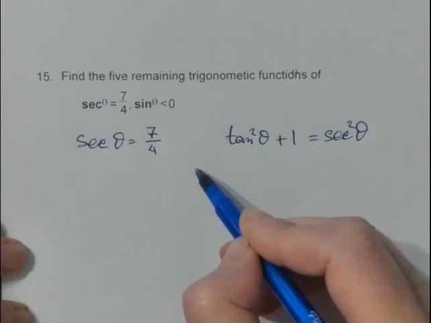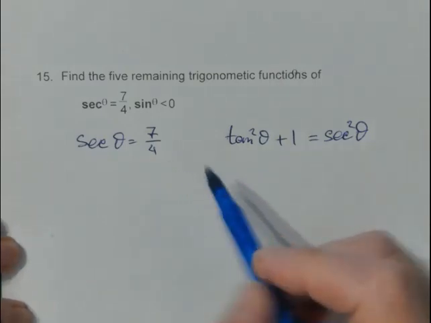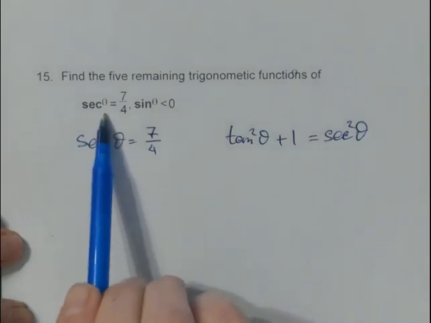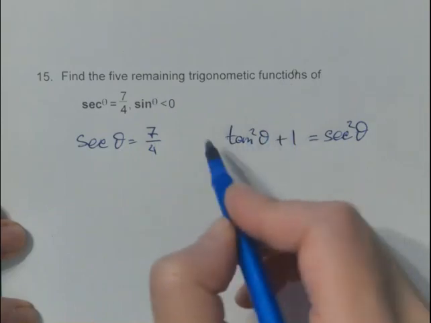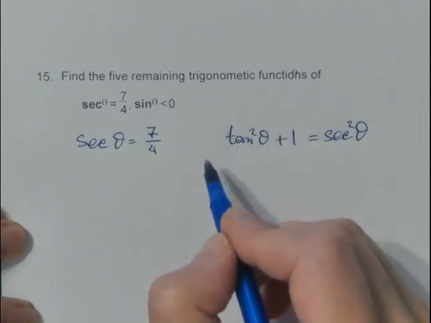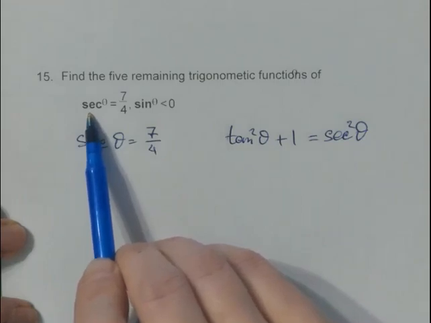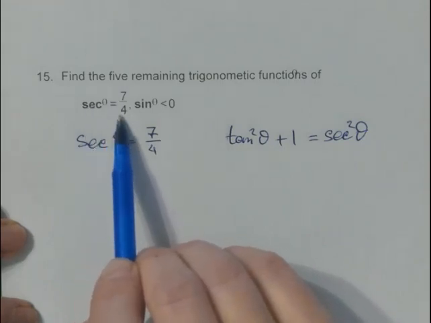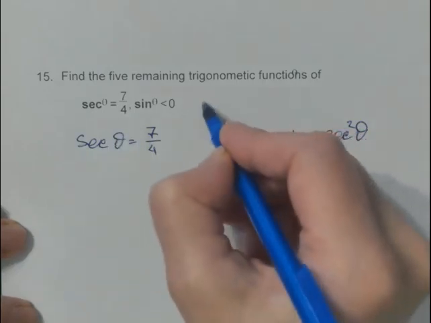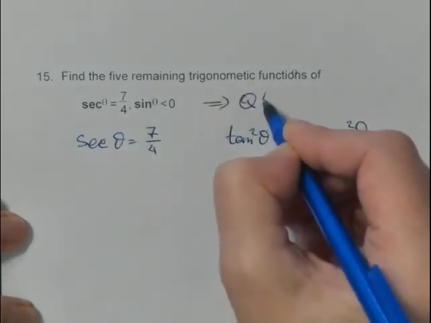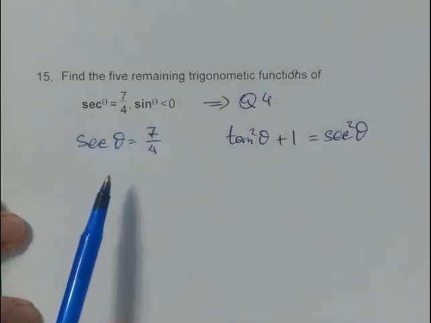So we can find tangent knowing the quadrant. So what do we know about the quadrant? Sine is negative. It means quadrant 3 or 4. And secant is 1 over cosine, so cosine is positive. So the quadrant is 4. In quadrant 4, cosine is positive and sine is negative.